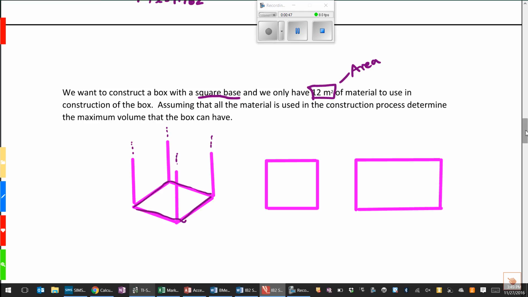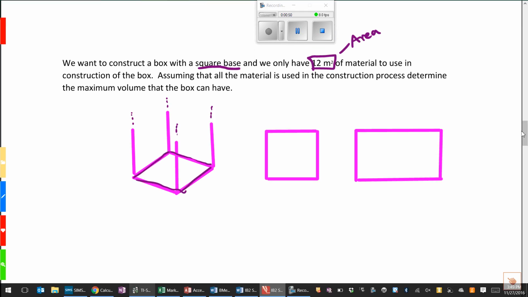Okay, so we've got to set up an equation using area. That's the piece of information we've been given, and then we've got to work out a function that would tell us the volume that we can differentiate.